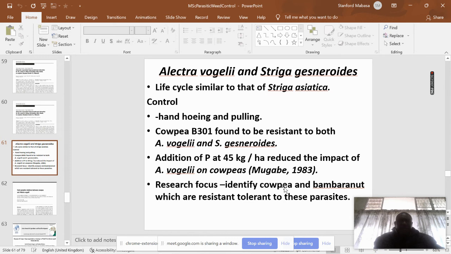Now, there is also need to identify cowpea and bambara nut which are resistant or tolerant to these parasites.